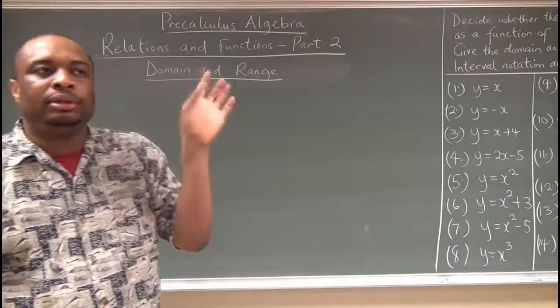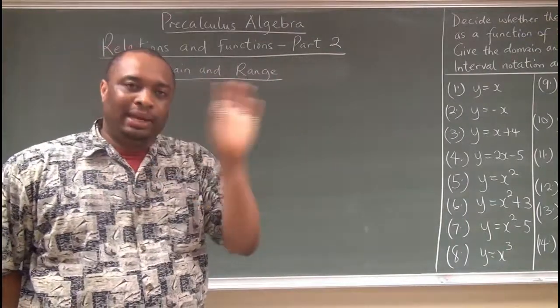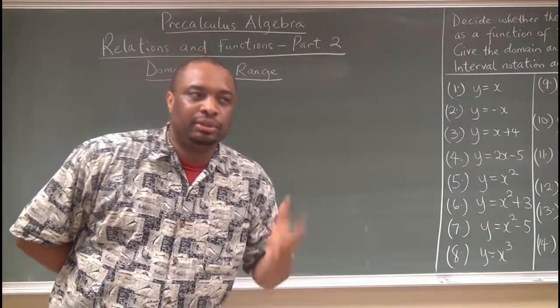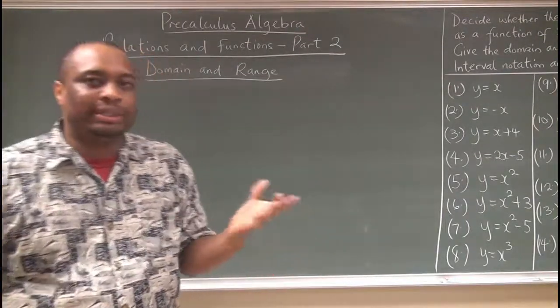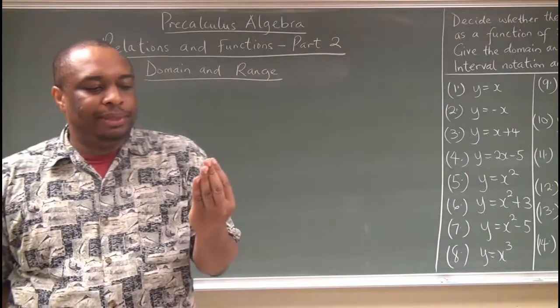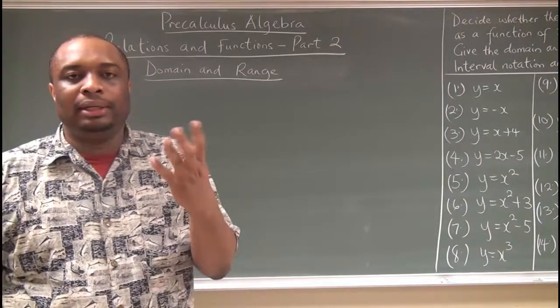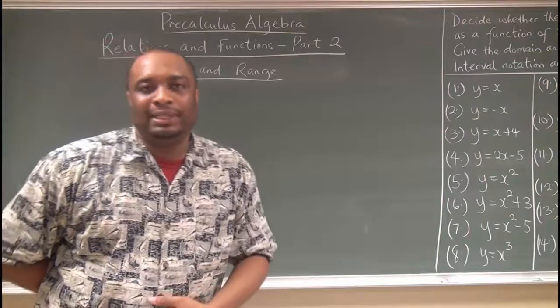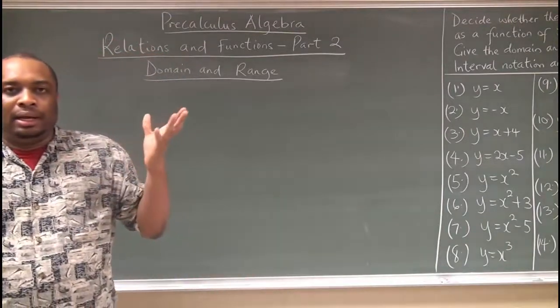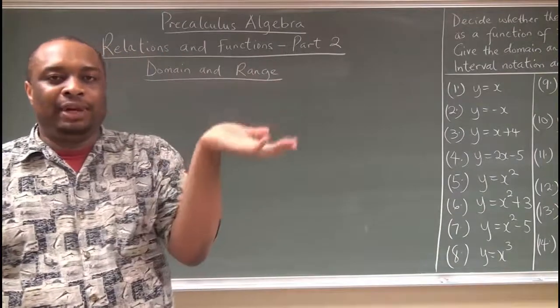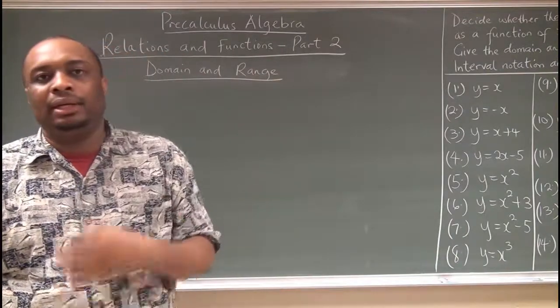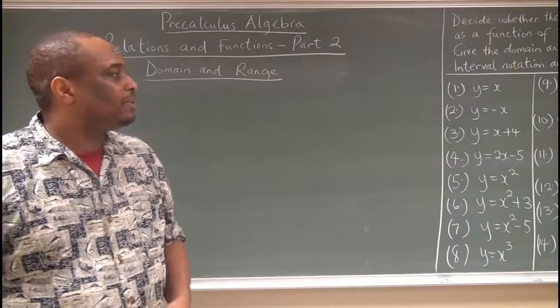Remember, an equation is known by an equal sign. Expressions connected by an equal sign. Then it can also be represented as a table. So these are the 5 ways by which we can represent relations and functions.